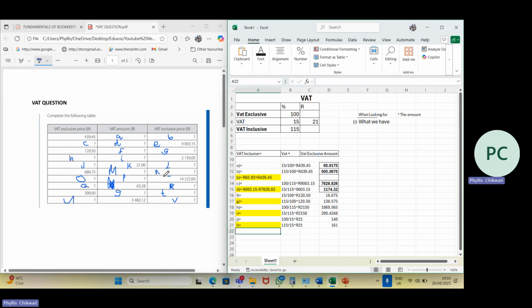M is our VAT portion and N will be our VAT inclusive portion, and we only have the VAT exclusive portion. So let's fill our table again. Our 680.75 is our VAT exclusive amount. So let's just do our VAT portion, okay?